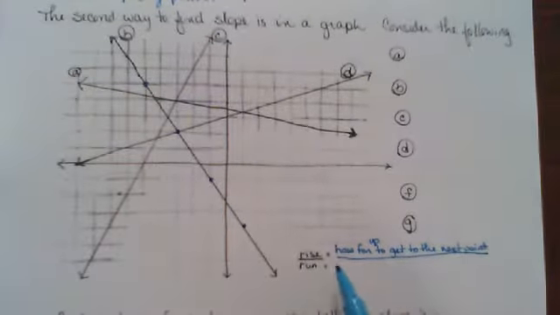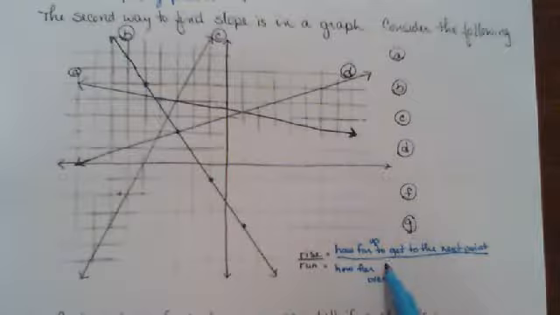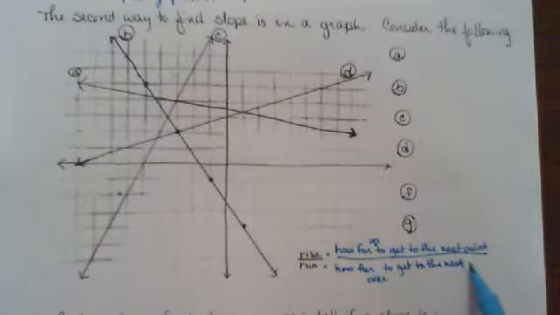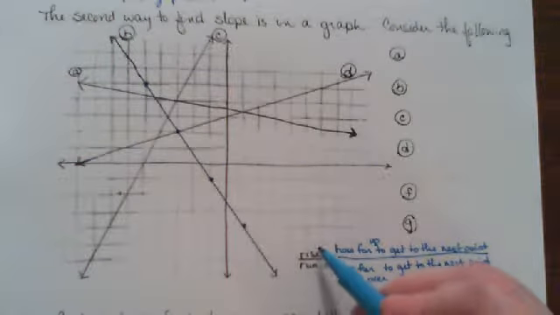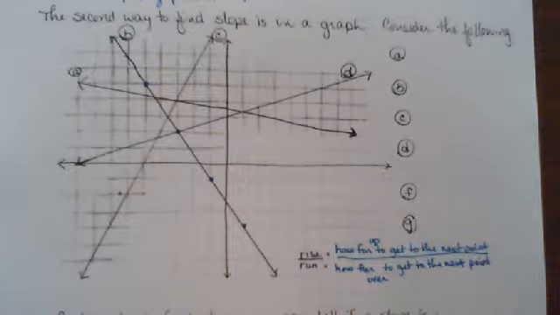And run is how far over. And we want it to be a fraction. So we want to write it as a number on top of a number.